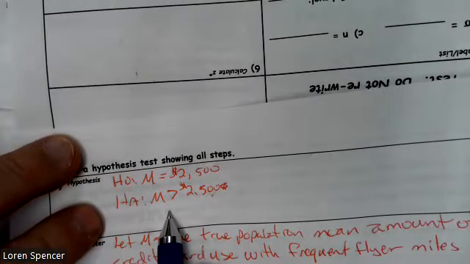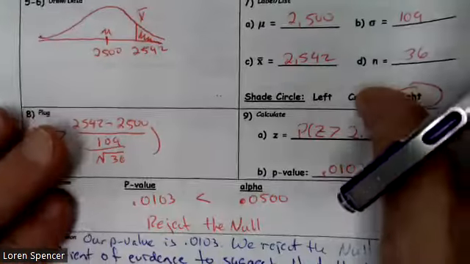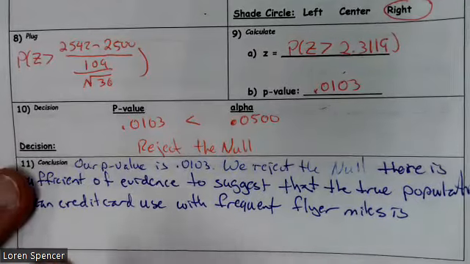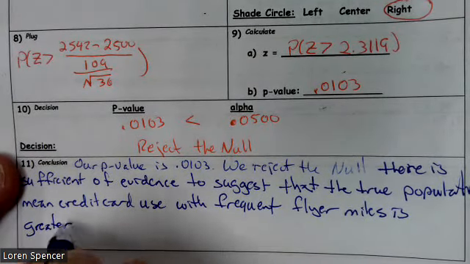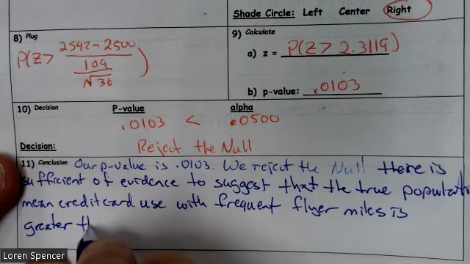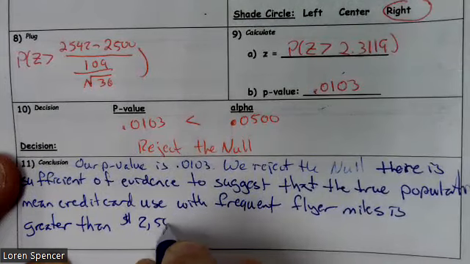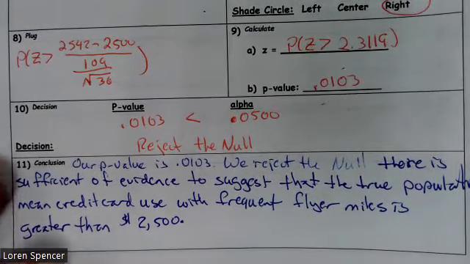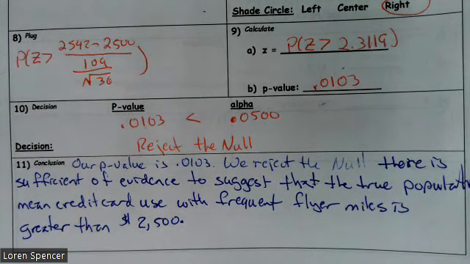Our alternative was greater than 2,500. So we needed to say that it is greater than $2,500.